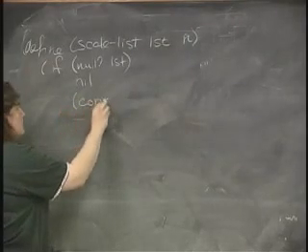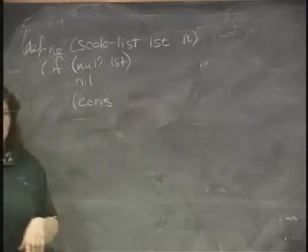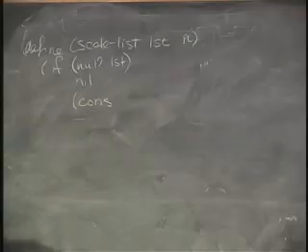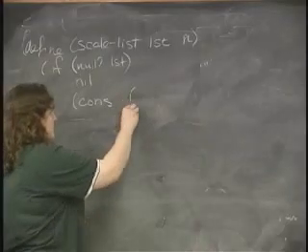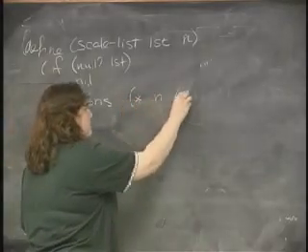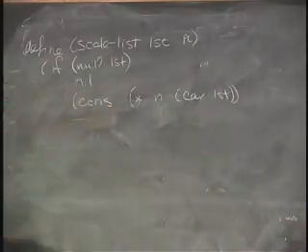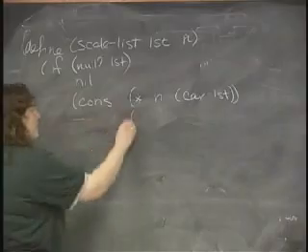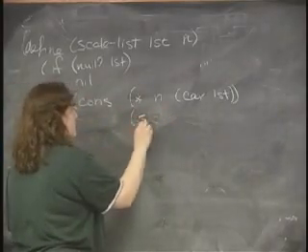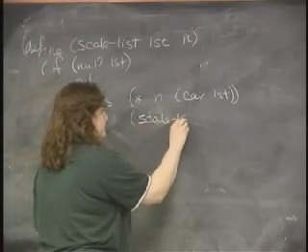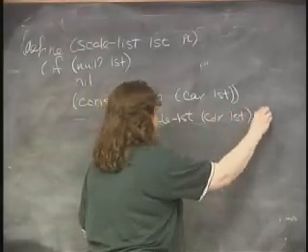So we're going to cons two things together. What's the first thing that we'll cons? The scaled car. And we'll cons that to the cdr, or actually the scale of the cdr of the list, and n.